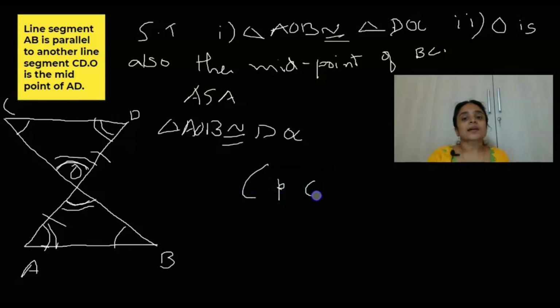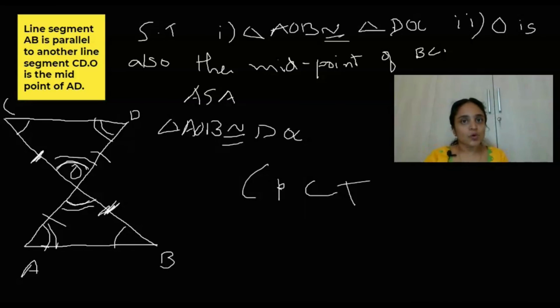CPCT rule, that is corresponding parts of congruent triangles. So OC and OB are the corresponding parts of these triangles, which means OC is equal to OB, and that means O is the midpoint of BC. Okay, so we have proved that also.